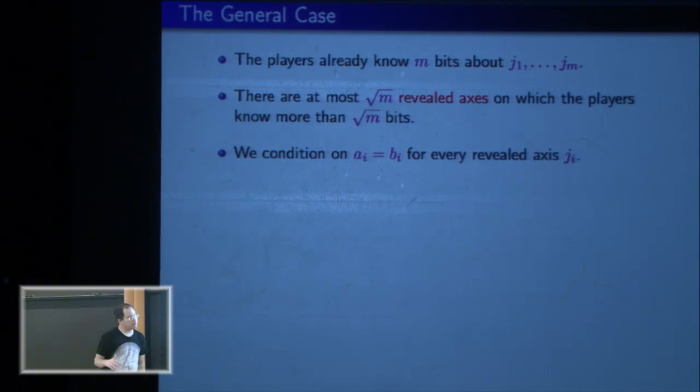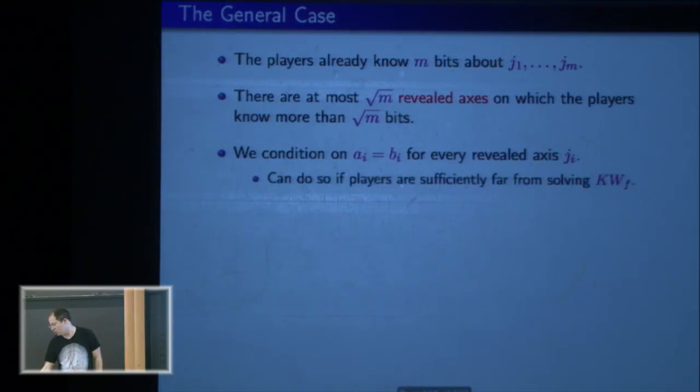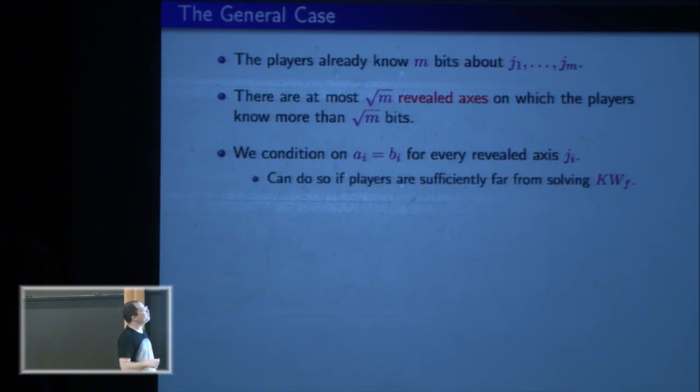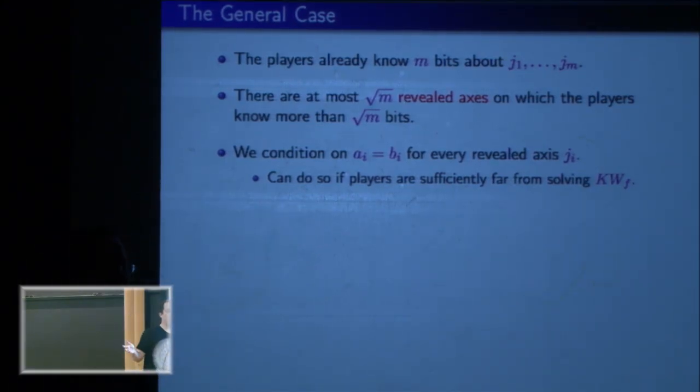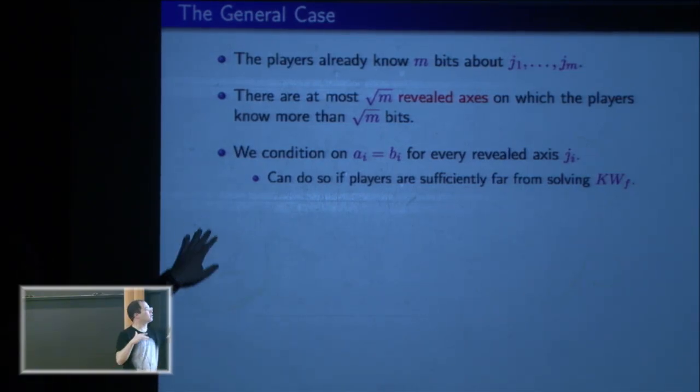Now this is a lot of conditioning. It's conditioning on square root m things, but if we assume that the players are sufficiently far from solving KWf at the end of the first stage, that's going to be okay. We can do this conditioning.